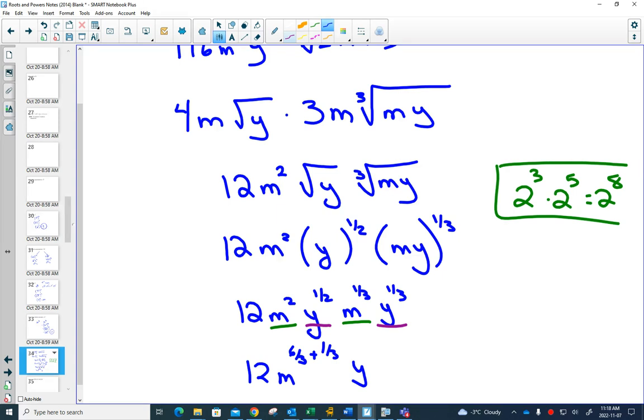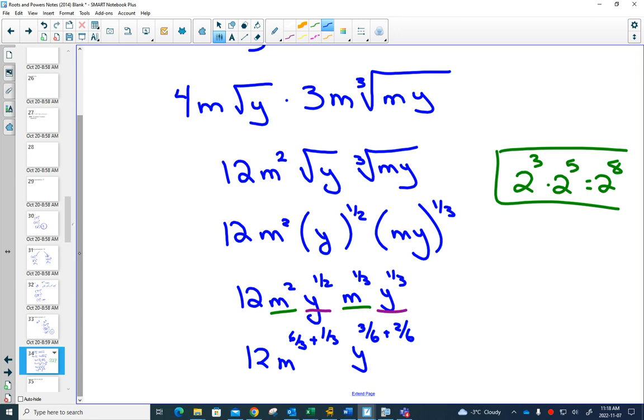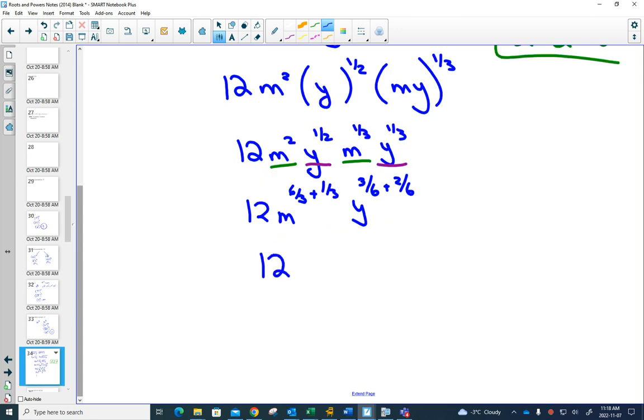What would my common denominator be there? 6. 3/6 plus 2/6. And in the end, our final answer is 12 m to the 7/3, y to the 5/6.